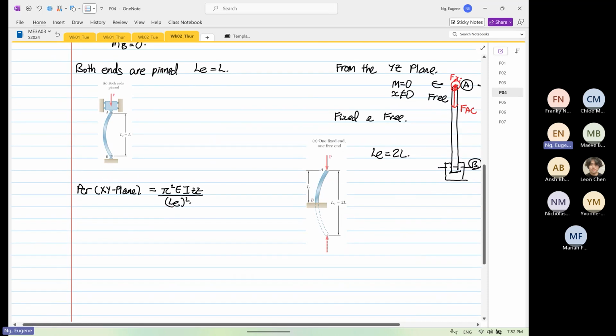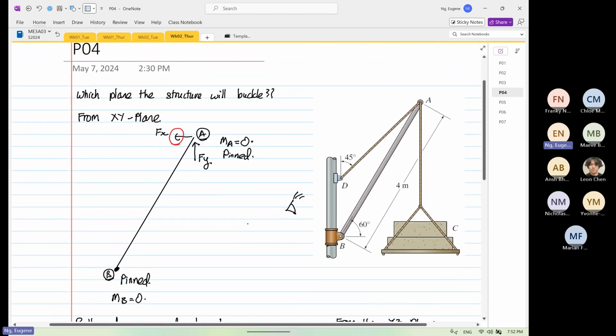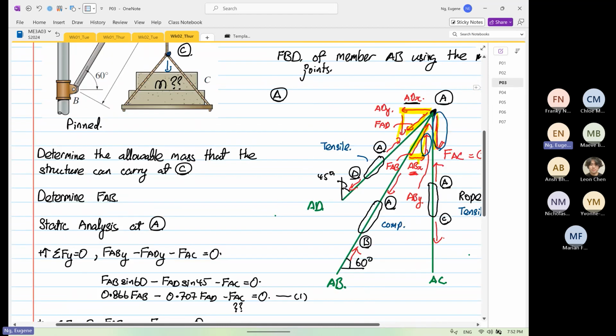So IZZ is equal to IXX also because it is cylindrical. The formula is pi over 4 multiplied by R to the power 4. The radius is equal to the diameter over 2.